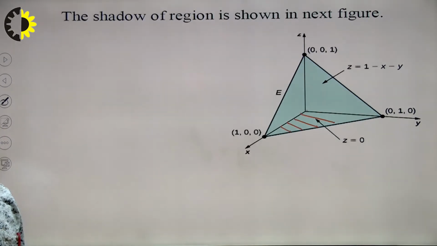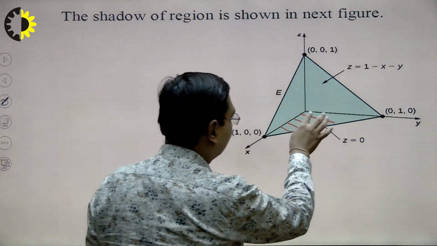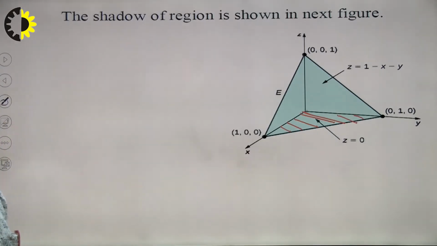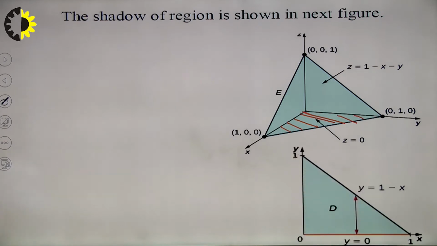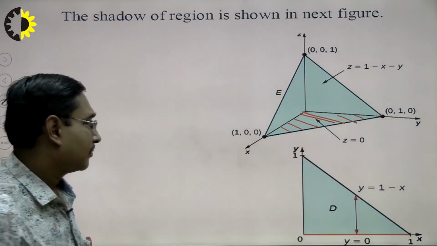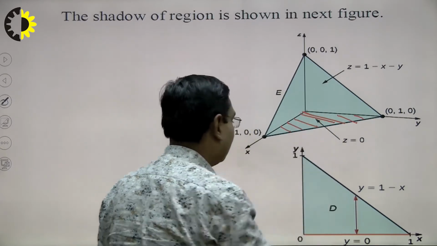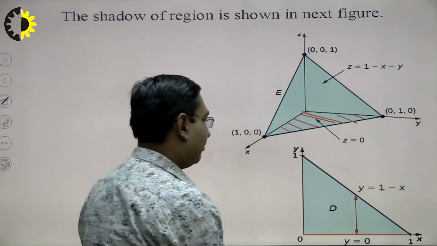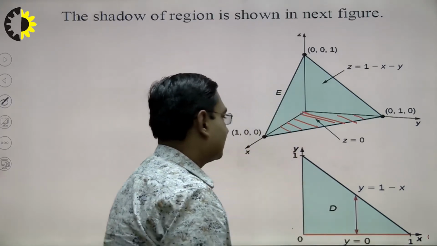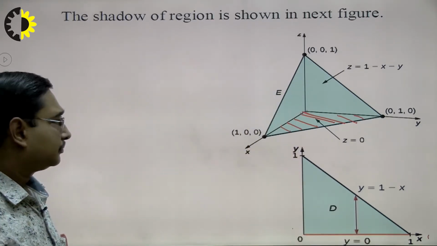Its projection on the xy plane will be nothing but this triangle. This triangle will be used to find the limits of x and y. I have drawn this triangle separately in this figure. Drawn here, it will look like this. This is the origin, this is the x axis, and this is the y axis.